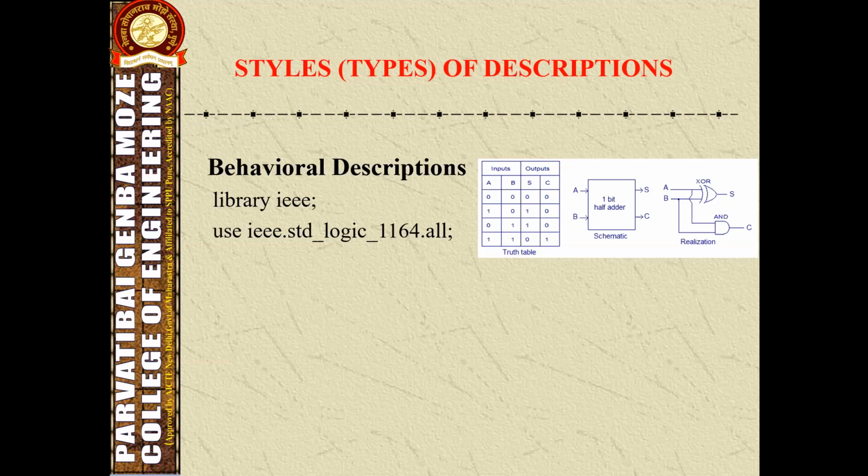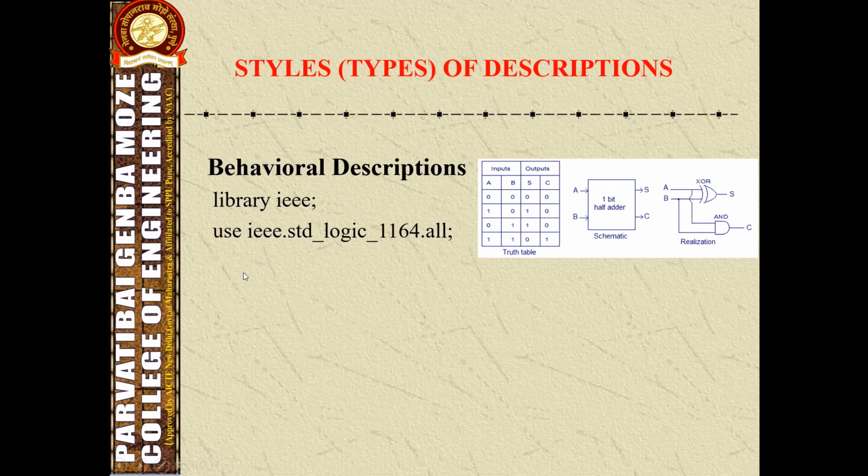One example is the half adder. We are going to write the architecture in a behavioral description of this half adder.